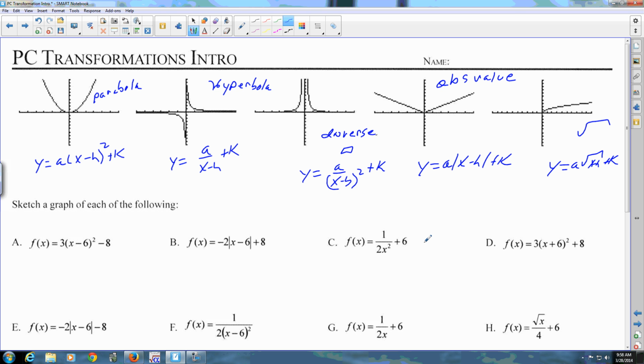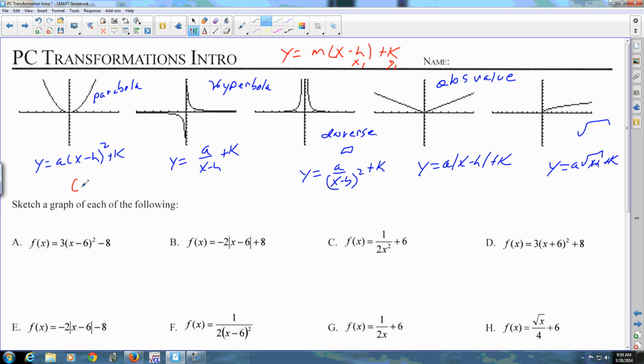And just like you guys got used to reading the equation for a line, y is equal to slope times x minus h plus k, if I wrote it that way, this would be your x sub 1, that would be your y sub 1. You read this one opposite, that one the same. It's no different here.